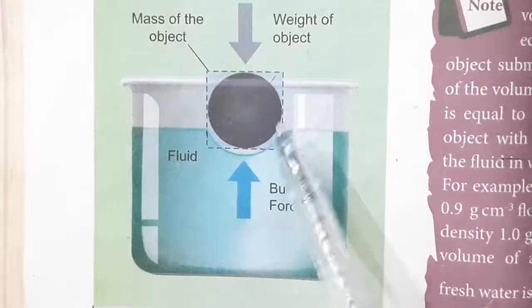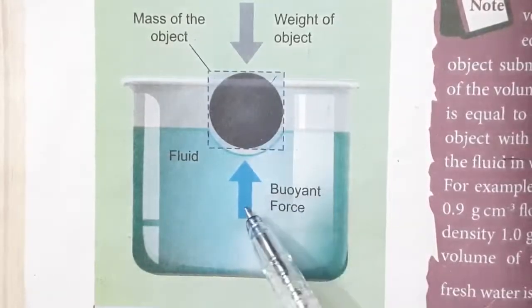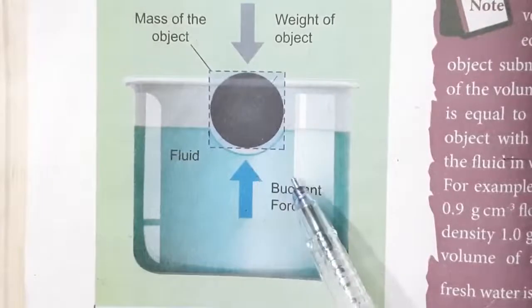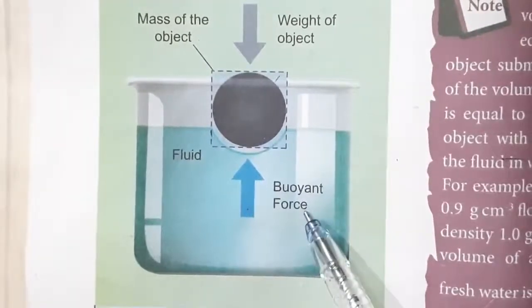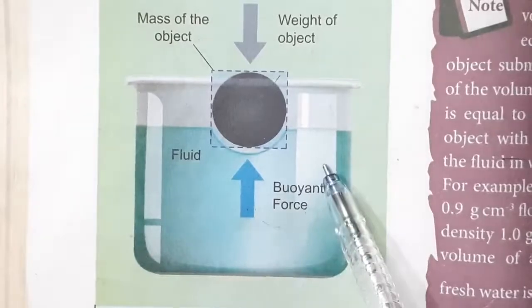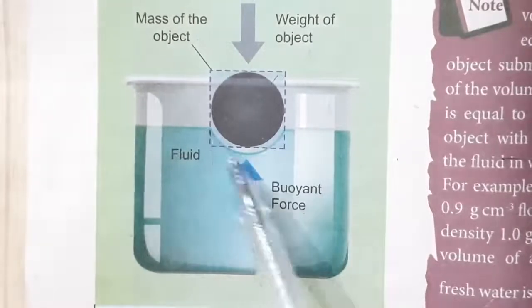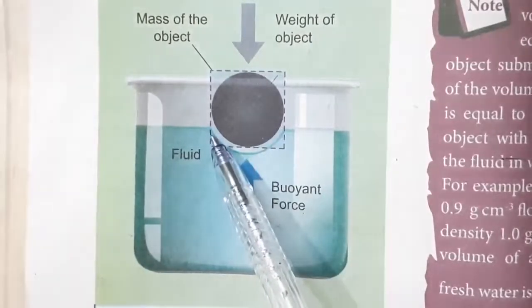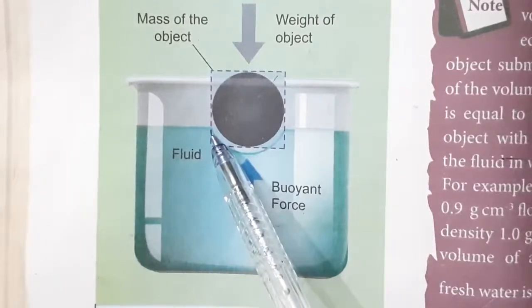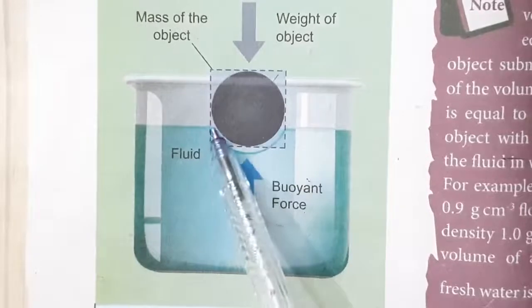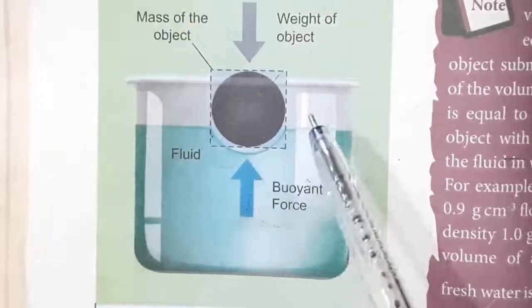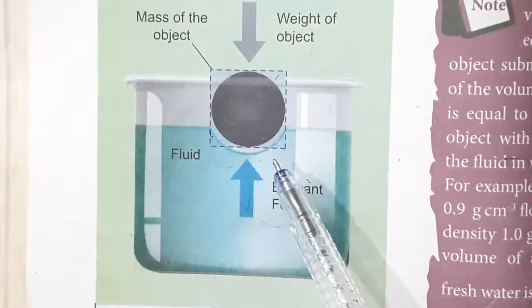The weight of the object is acting downward, and it experiences another force, an opposite force, that is known as buoyant force, that is upthrust force. Okay, so this force will be equal to the weight of the fluid displaced by it.